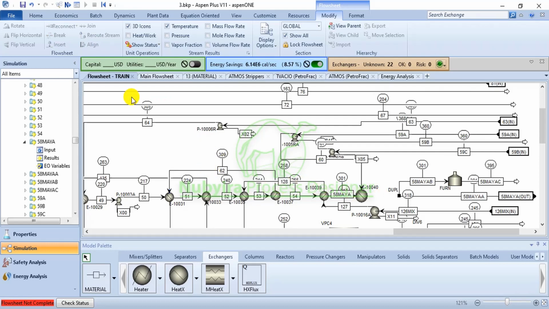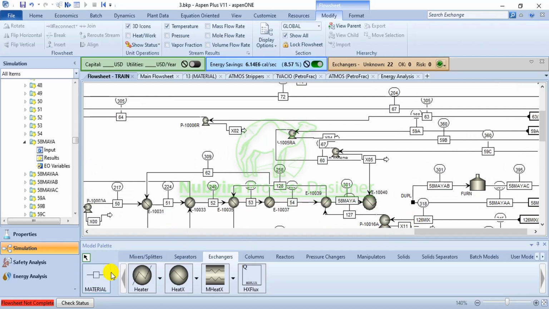So the next thing is to add the outlet stream. So this connects back, and this connects here.